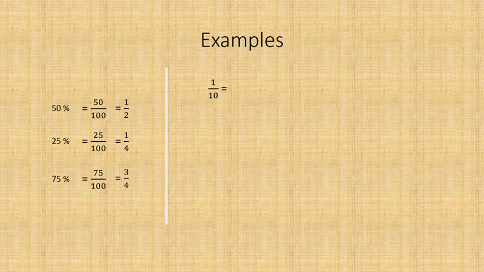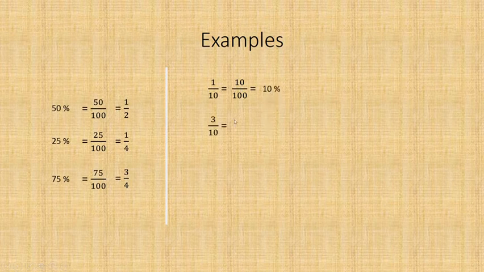Right now I need to make this fraction equivalent to something over 100. If I add a 0 down and up, it's going to be 10 over 100. To change it into percentage, I take this numerator and put the percent sign next to it. So it's going to be 10%.